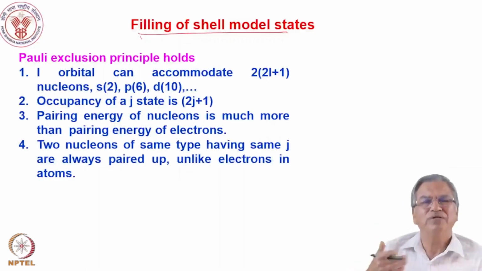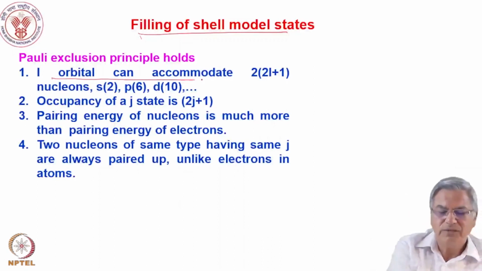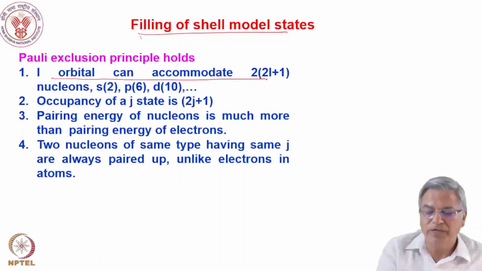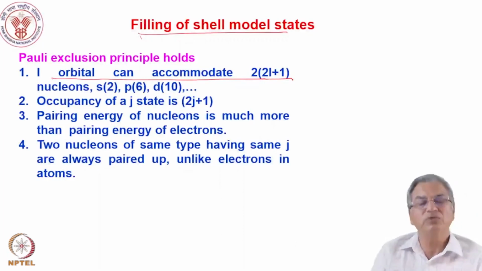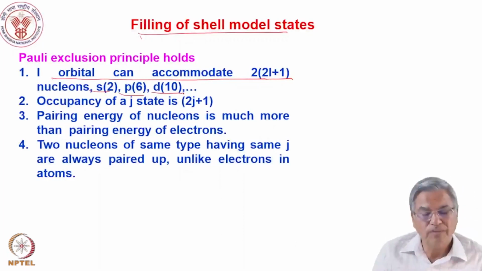In the case of atoms, the maximum multiplicity prevails: the state having maximum unpaired electrons has lower energy. But in the case of the nucleus, the moment you have two unpaired nucleons, they get paired up because the pairing energy is very high. The L orbital, as we have seen previously, can accommodate 2 into (2L plus 1) nucleons, like s2, p6, d10, f14, and so on.